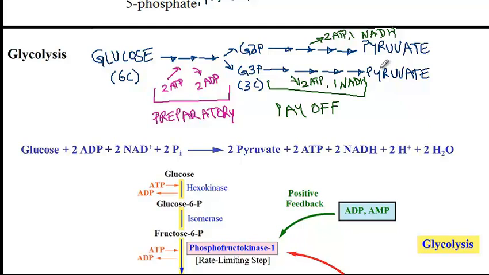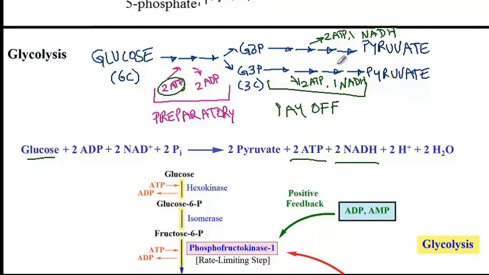And now if you look at all these reactions, 2 ATP was consumed in order to yield 4 ATP and 2 NADH. So we can say that the net reaction of glycolysis is glucose breakdown by adding 2 ADP and 2 NAD plus and 2 phosphate groups to yield 2 pyruvate plus 2 ATP, 2 NADH, 2 H plus and 2 H2O.